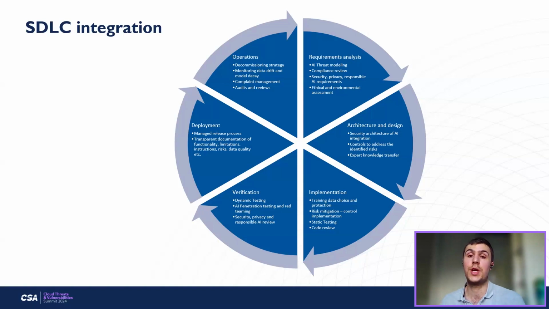Then in the implementation stage, we would probably want to take a while to think about what data will be used for training and how it would be protected, as this is one of the main assets that needs some consideration in this stage. The risk mitigation, implementing the actual controls or guardrails, or whatever is in place, is going to happen at this stage.